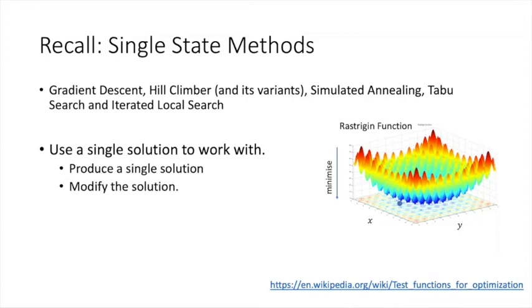We start with a solution and then modify that solution to produce a new solution. Now, if that new solution is better than before, we accept it. But if the solution gets worse, such as in this move, then a selection procedure decides whether we retain the new solution or the older solution. Details of these selection methods differentiate between all the method names that appear on top of your screens.